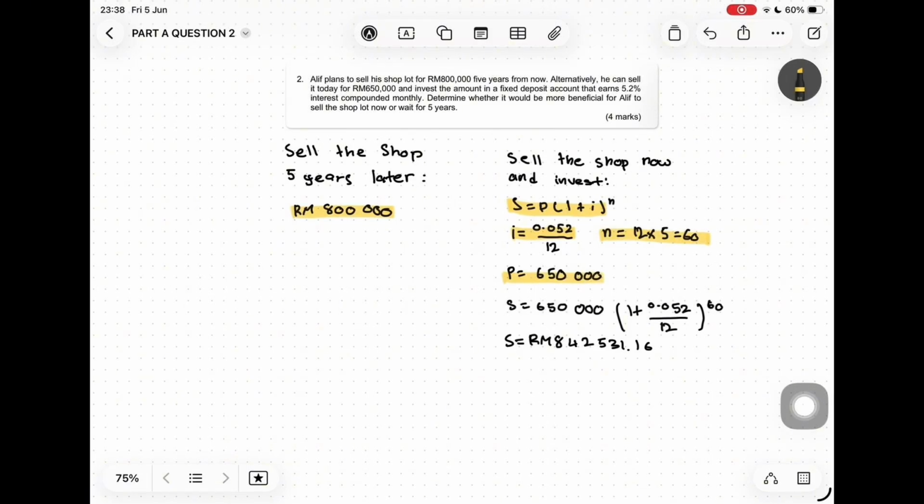By inserting all the variables into the formula and calculating, we will get RM 842,531.16.